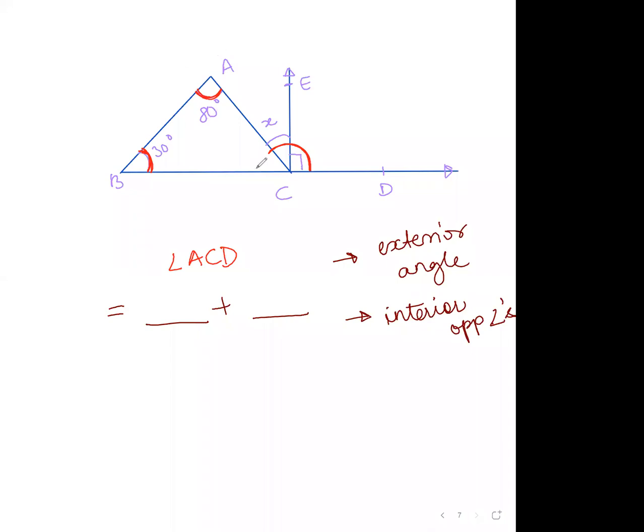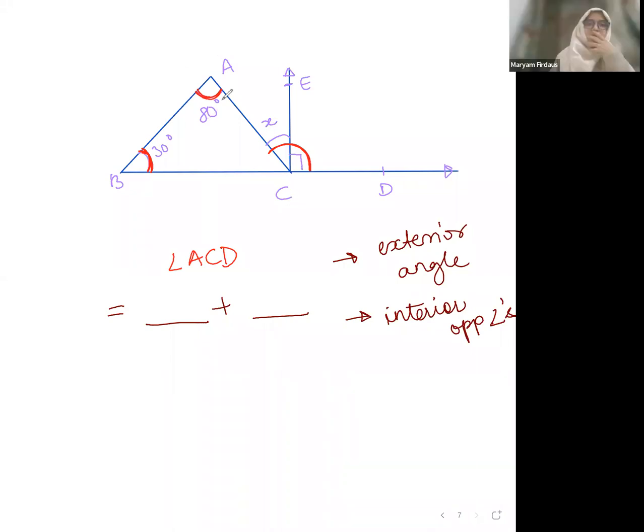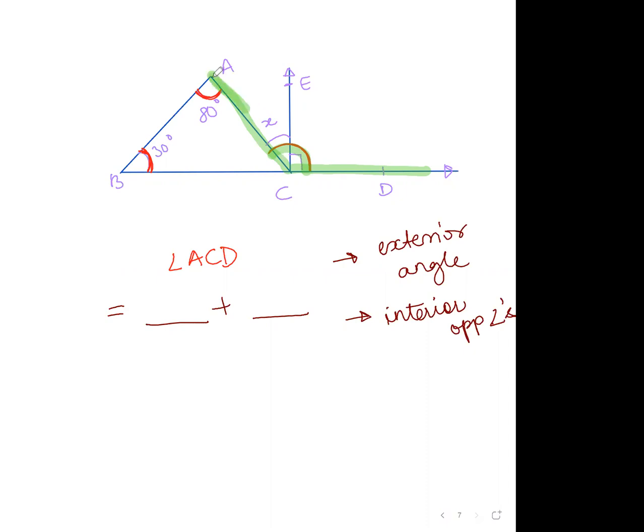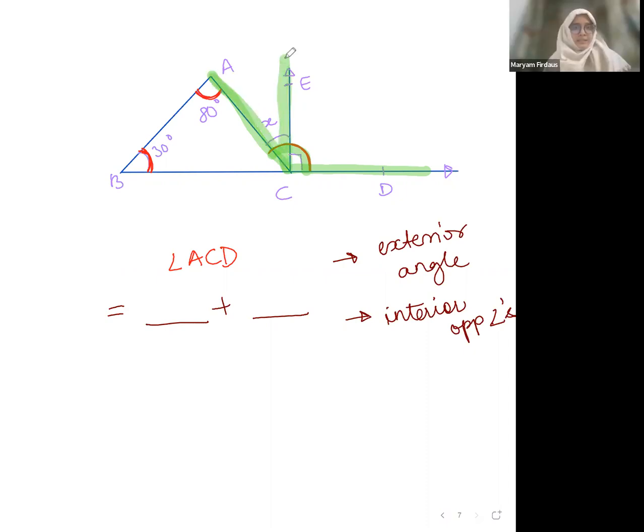Angle ACD is made up of which two angles? We're talking about this angle. This angle is made up of which two angles, Hiba?